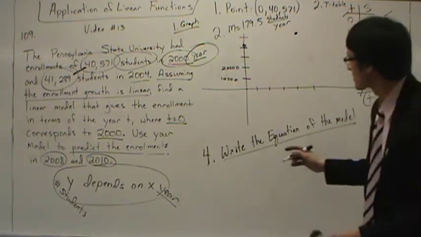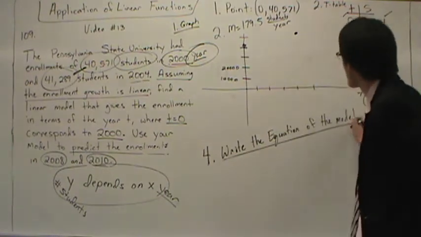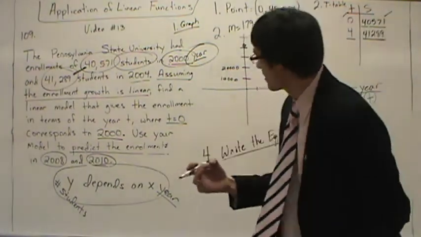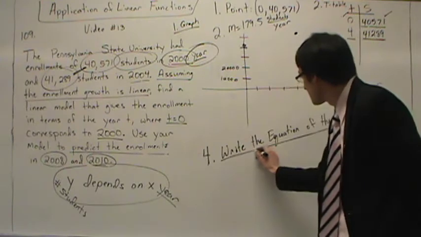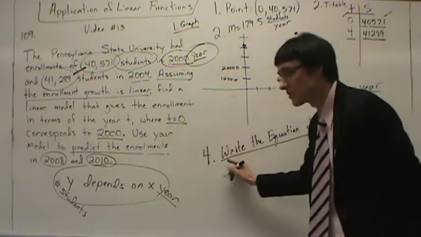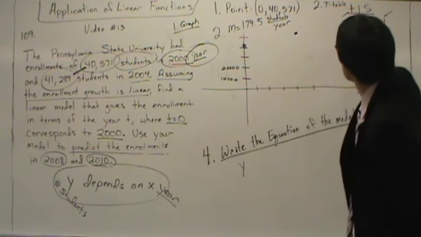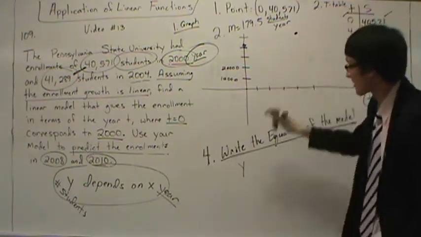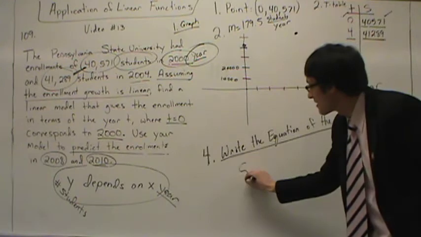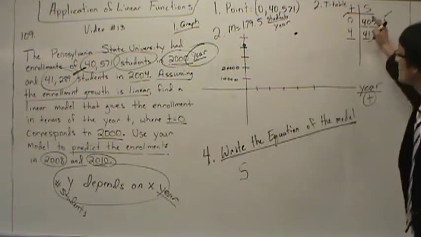The equation of the model: we're going to write an equation of a model, a line. We're going to write the easiest equation, which hopefully you say is point-slope. Well, we start with y. No, not y. What are our variables here? We have S and t. So we're going to start with S, minus the S value of our point.